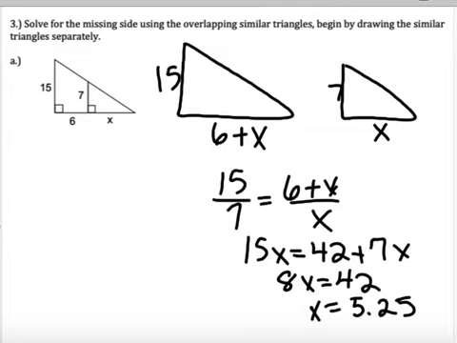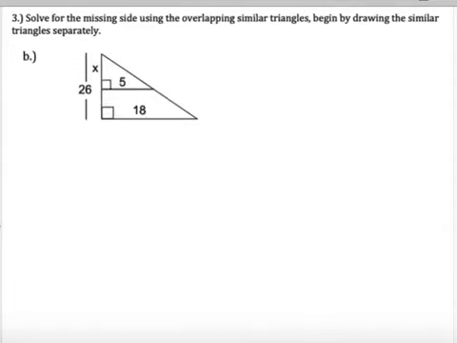Okay? So that's one example where you have to take this x plus 6 and add it together. A little different here on B. 26 is the whole length of that whole side length of the large triangle, I should say.